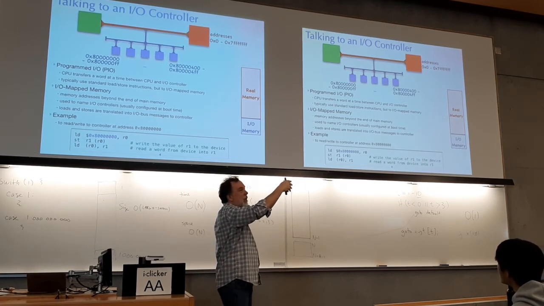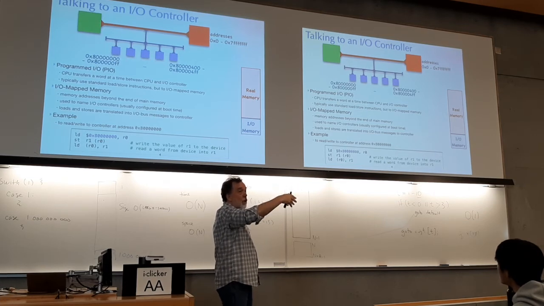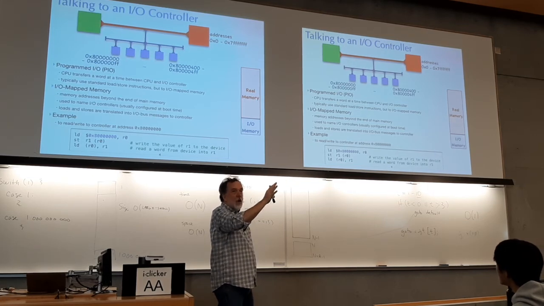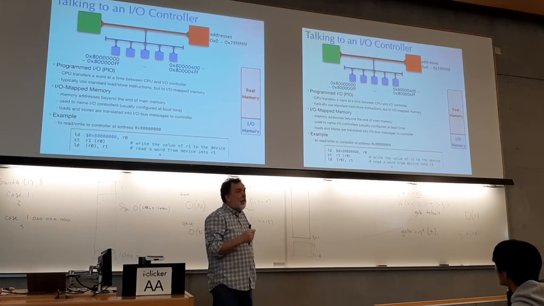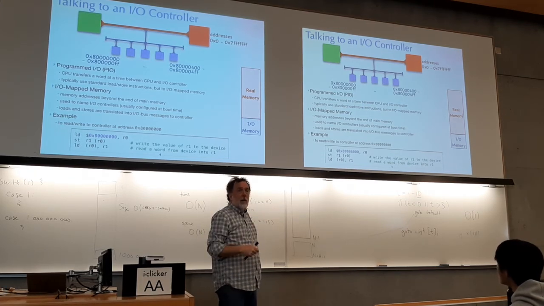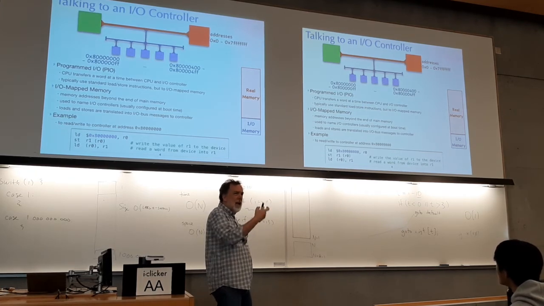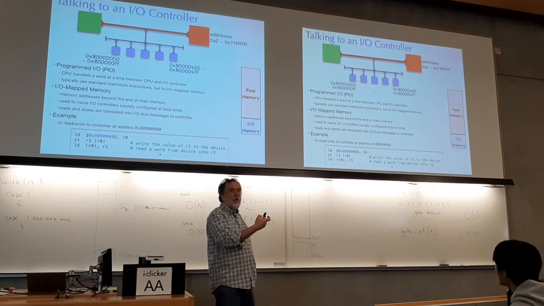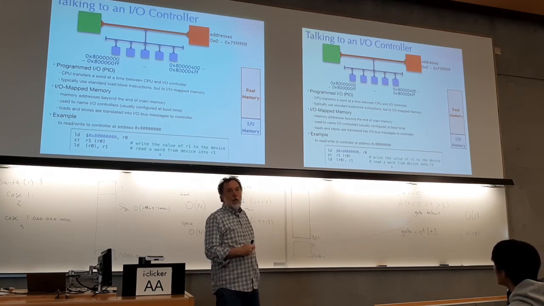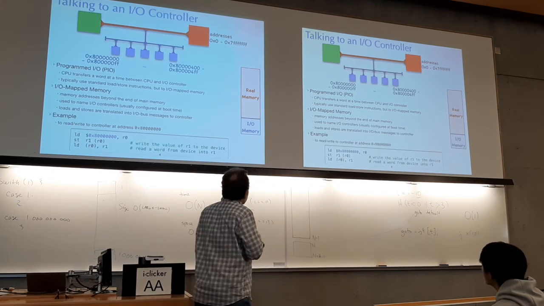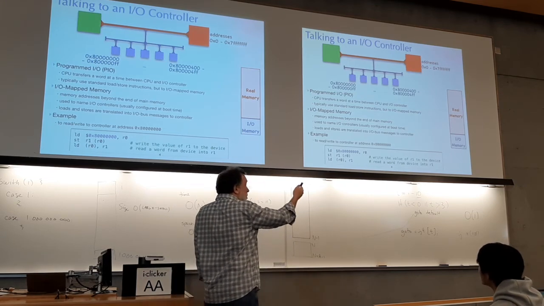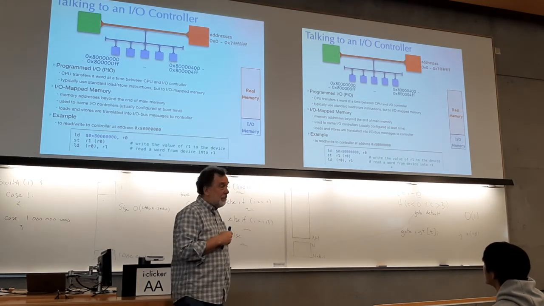The next one would be 8100 to 81FF, 8200 to 82FF, 8300. So they're non-overlapping. And the bus knows which one has which address. And when things connect to the bus, the bus controller gives them an address. Okay?